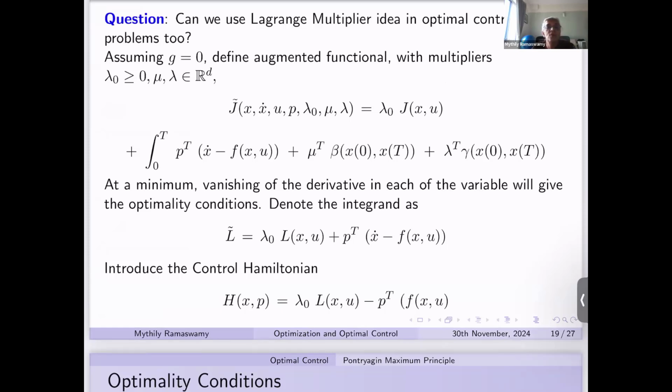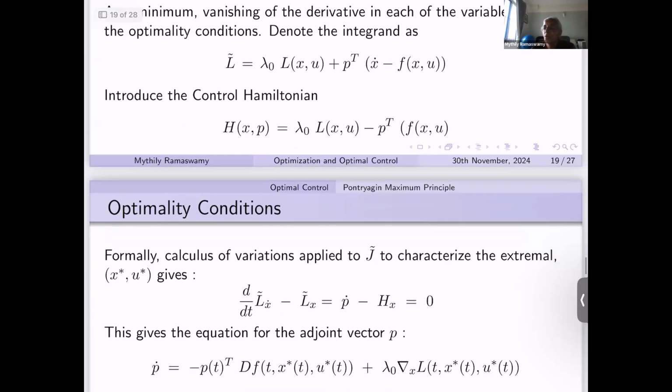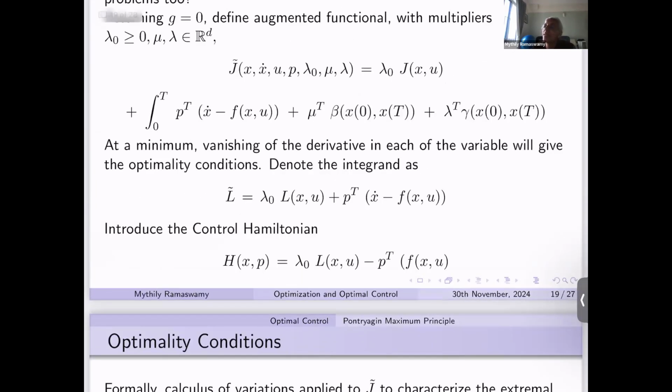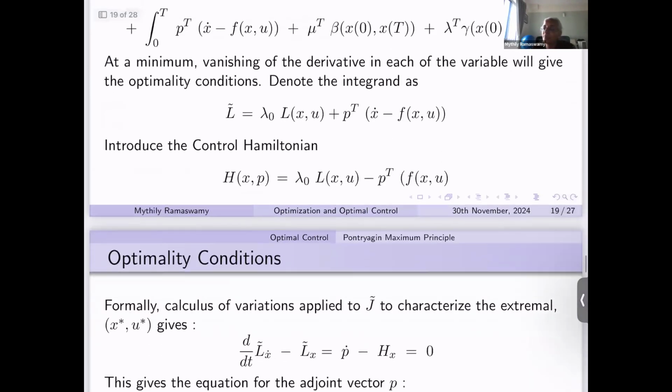J tilde is the augmented functional, so I have the original J plus some more terms. The integrand is this L tilde, to which I am applying the partial derivative. Now the L tilde, like you pointed out, depends on x dot, t, and also u. I have not differentiated with respect to u, but that will come in Pontryagin.